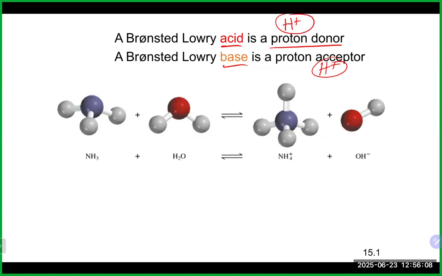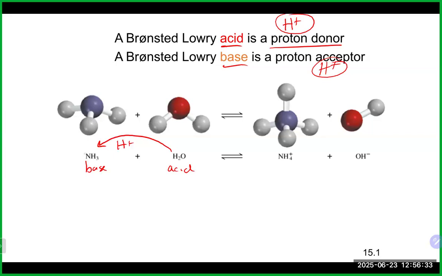Sort of a consequence of the Bronsted-Lowry definition is that it will actually create partners on the other side of the arrows. So for example, in this situation, the ammonia is our base, which means it's going to accept the H plus from our water. So in this case, it is the water that's going to send the H plus over to the ammonia.